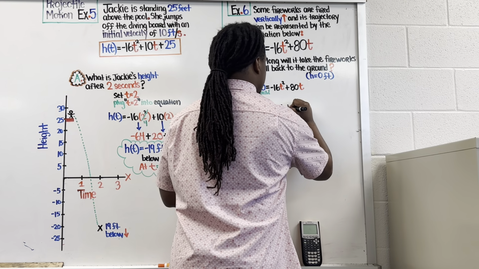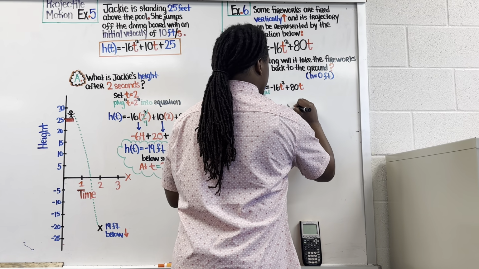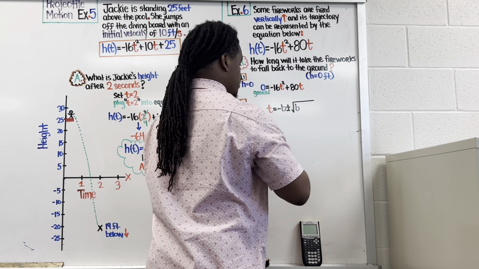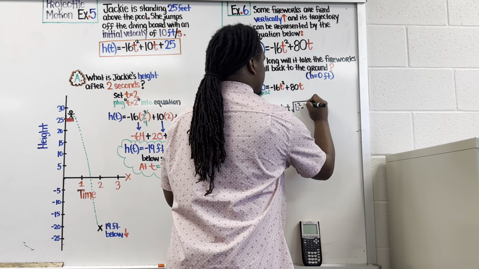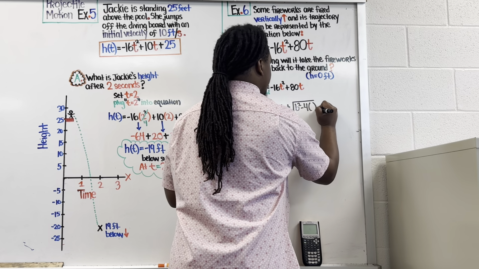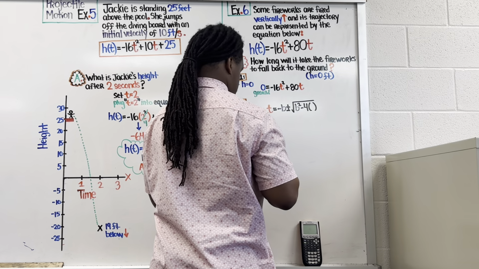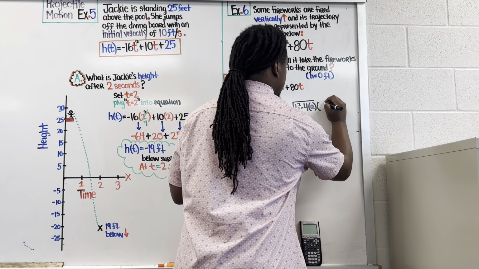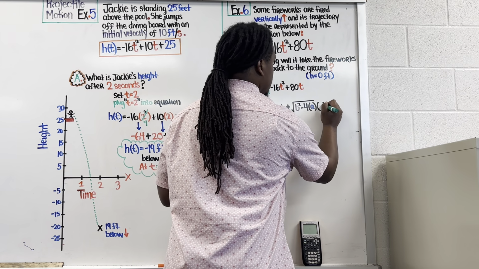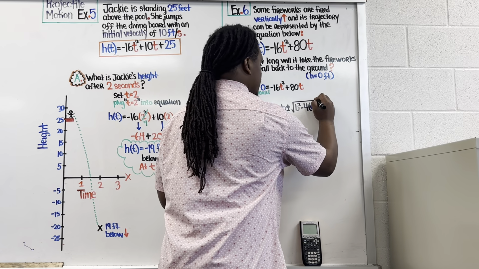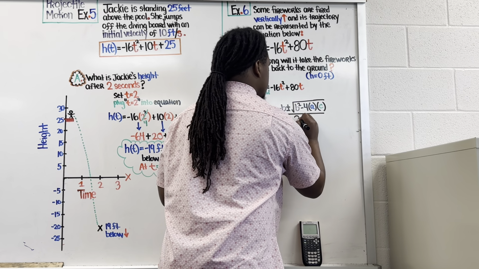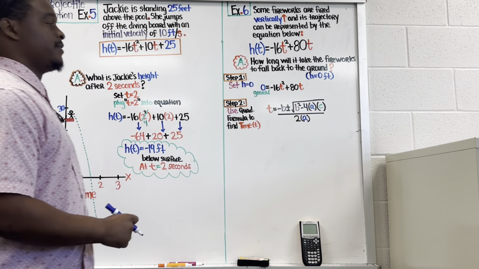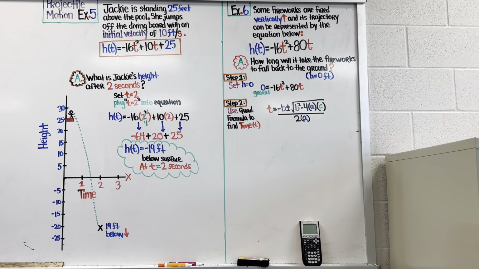Negative b plus or minus the square root of positive b squared minus 4 times a, make a be blue, times c, all divided by 2 times a. Okay? So once again, guys, that is the quadratic formula.